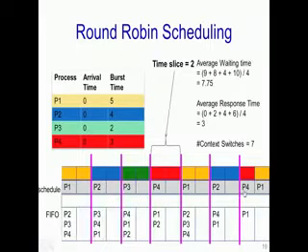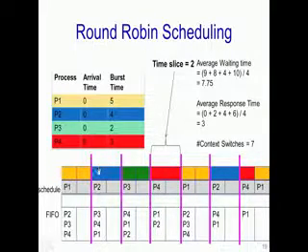If we compute the average waiting time, in this particular case we will see that the average waiting time and the average response time are different. So, what is the waiting time for P1? P1 executes 2 cycles here, 2 cycles here, and completes execution over here. So, it waits in the ready queue for the remaining cycles.